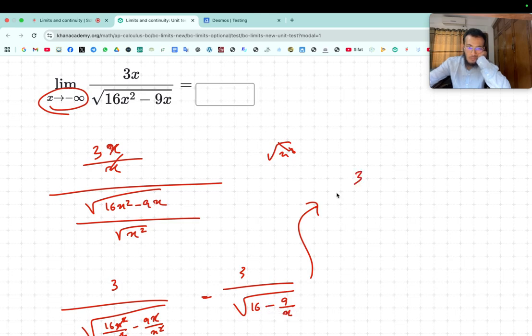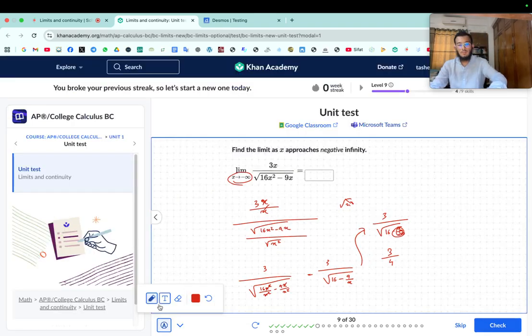So it's the root of 16 minus 9 over negative infinity. The entire 9 over x term becomes 0, because you're dividing by a very large number, so it becomes effectively nothing. So the root of 16 is 4, and 3 over 4 is our answer.